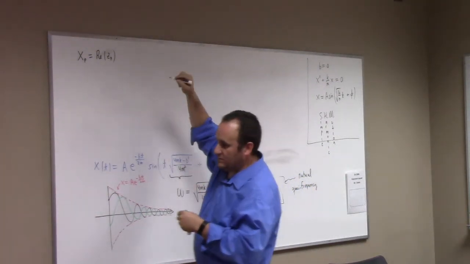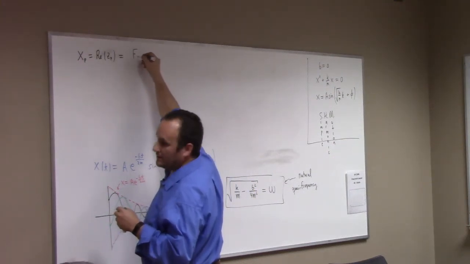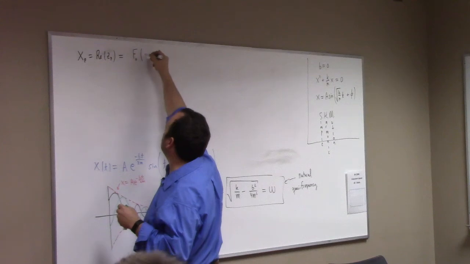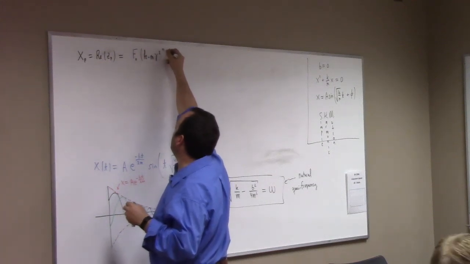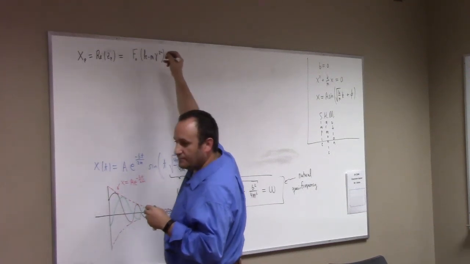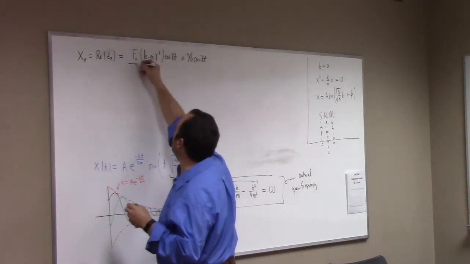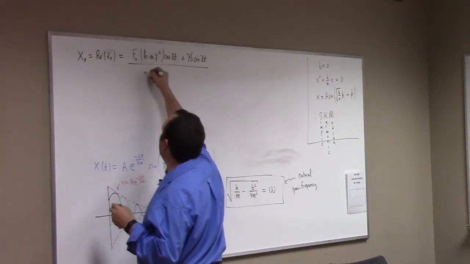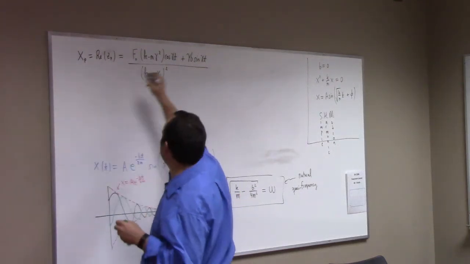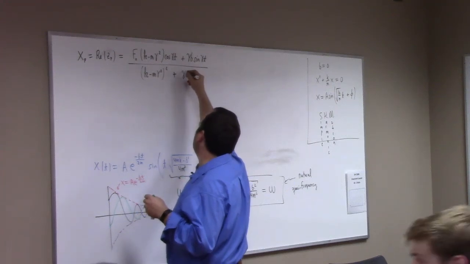Through the math I just sketched out, we know that it's equal to F naught times k minus m gamma squared cosine gamma t plus gamma b sine gamma t, all divided by k minus m gamma squared quantity plus gamma b quantity squared.